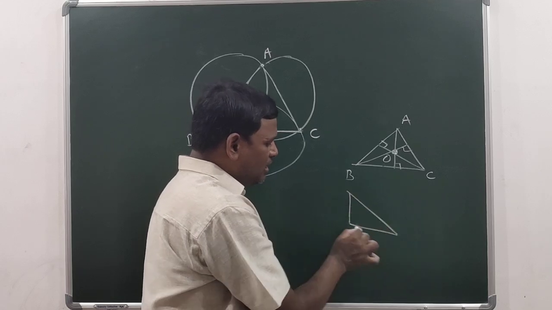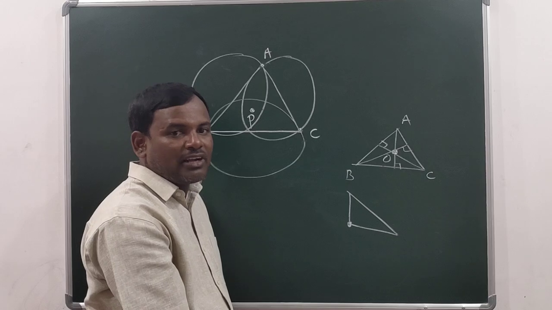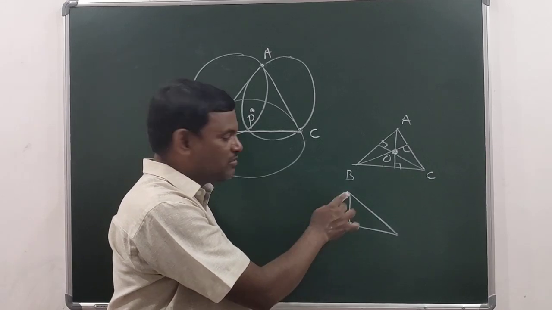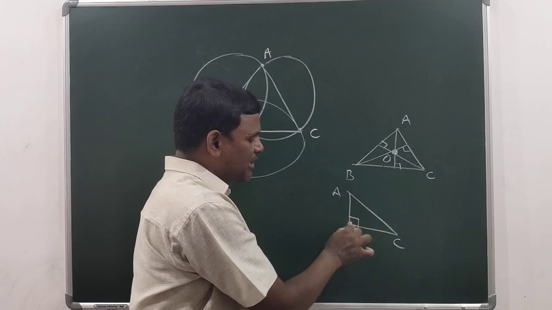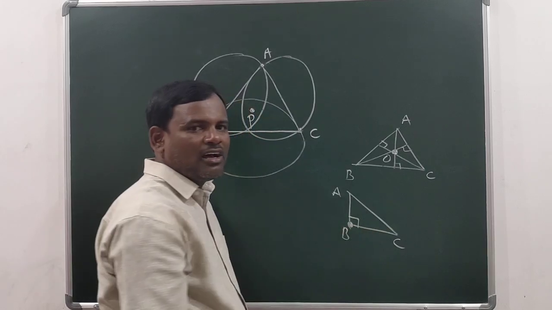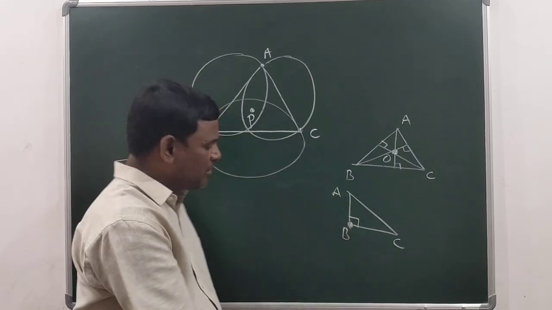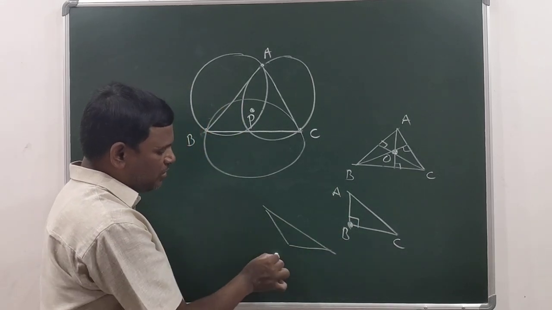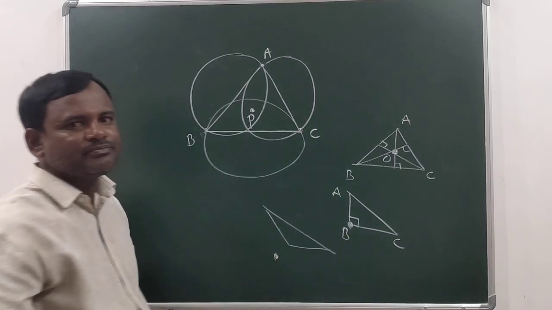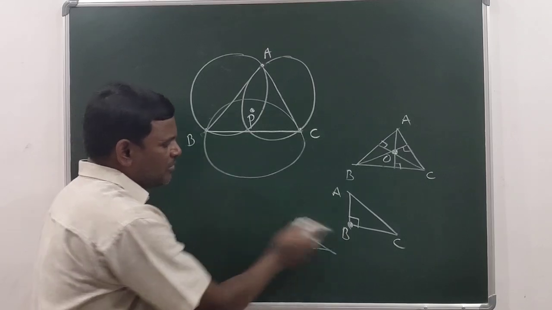For a right angle triangle you will get the orthocenter at the vertex where the right angle is located. This is the position of the orthocenter for this right angle triangle. For an obtuse angle triangle you will get it outside, on this side. I hope you have got it right.